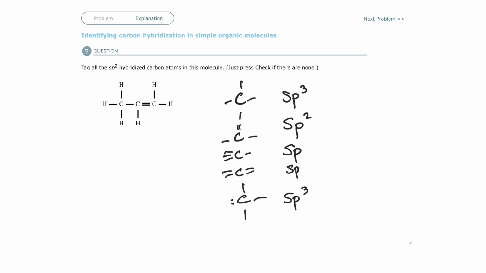And if for whatever reason I had a cation, I was stuck with only 3 bonds there, where there was no double bond, no lone pair and no bond, there's only 3 things coming out of the carbon. Well, I've got 3 electron groups, so that's an sp2. I've got the s and the 2 p's.